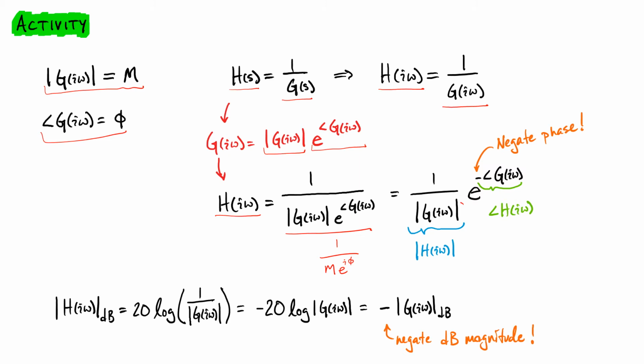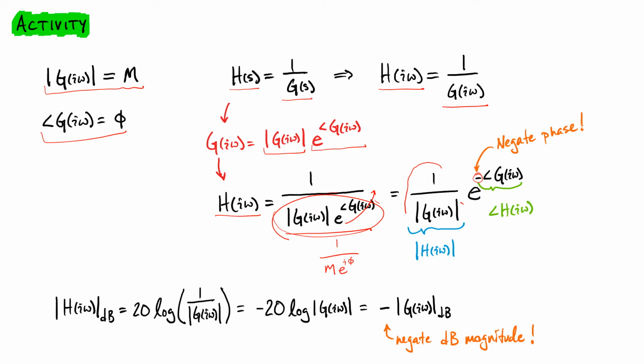If we simplify that and break that up into the magnitude and phase, having a complex value in the denominator is not a good idea. We need to separate it out. The way we do that is we see that if we pull the exponent out like that, then we need to negate the phase in order to do that.